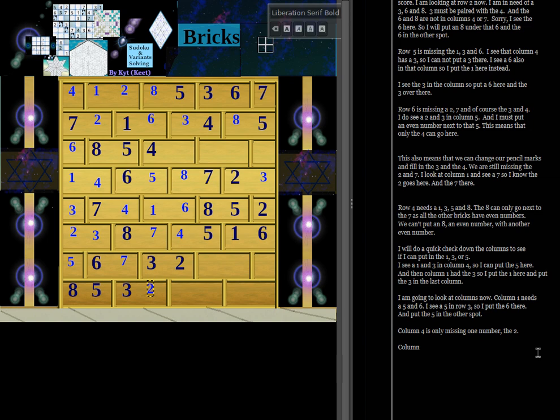Column 5 is missing the 1 and 7. A quick check of the rows, and I am not seeing a 1 or a 7 in either row 3 or 8.